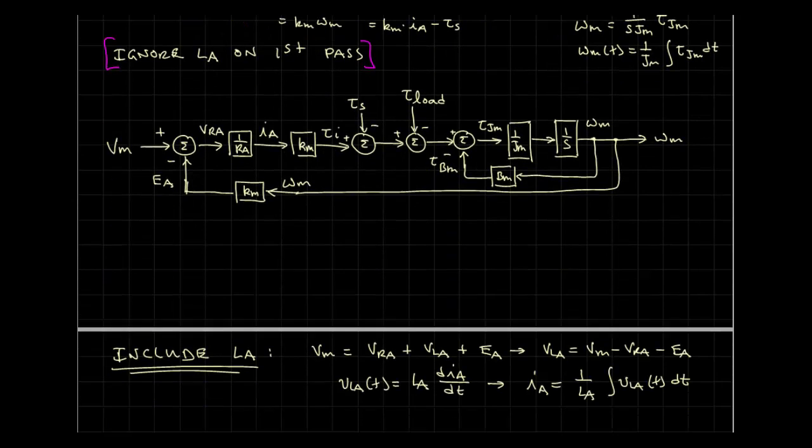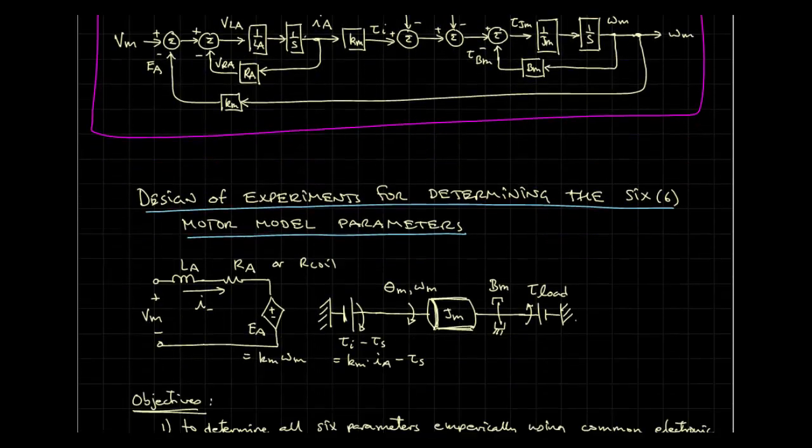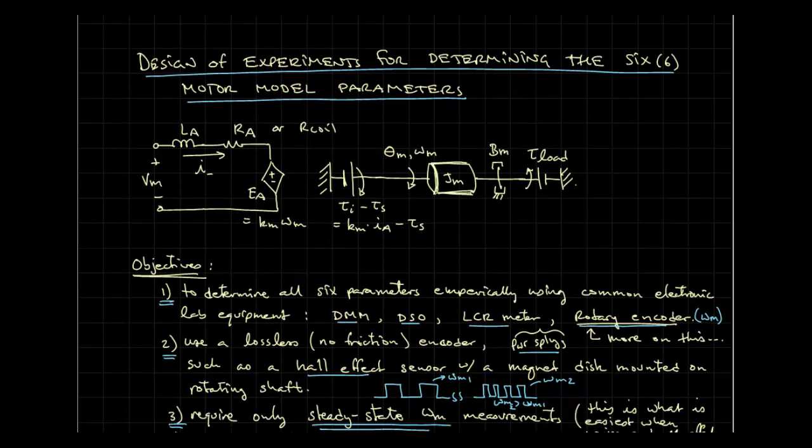We need to get smarter about this, and to do this we're going to go back to our circuit representation. And there are a couple parameters here that are readily determinable or measurable. And I think this will be quite obvious to anyone who's worked in an electronics lab, and that is that the parameters LA and RA can be measured with standard laboratory electronic equipment.